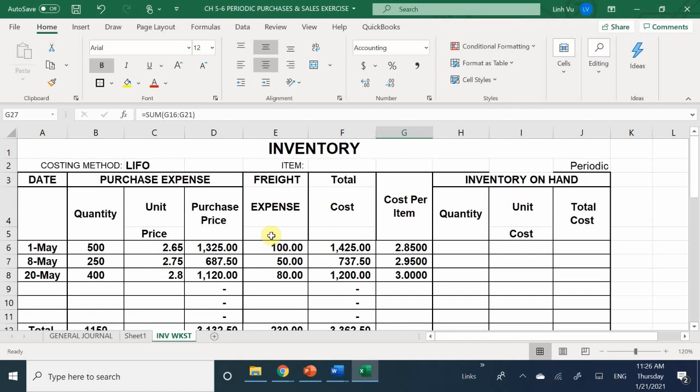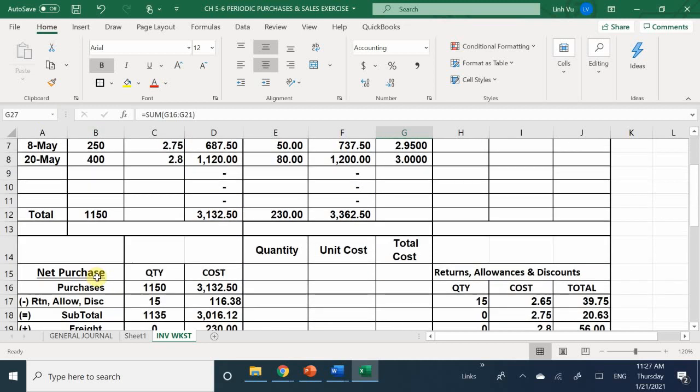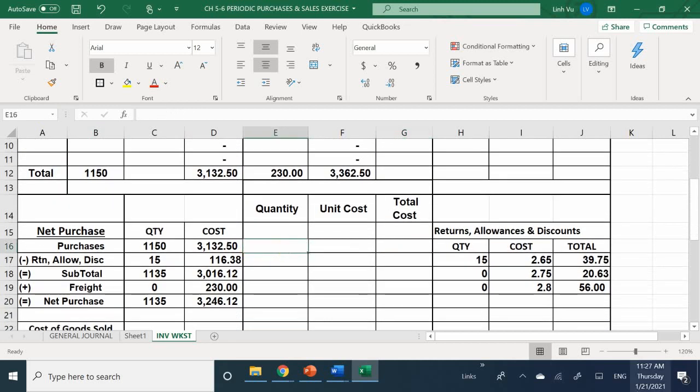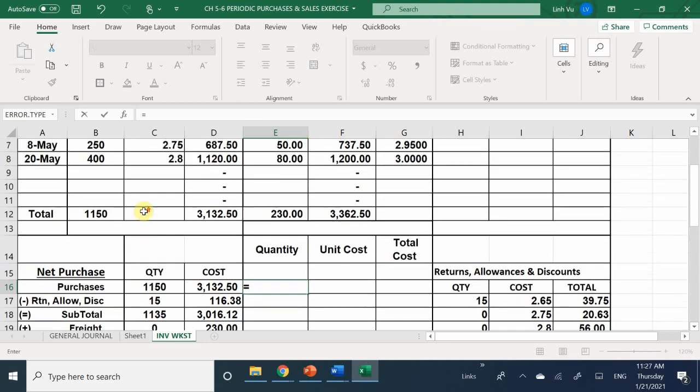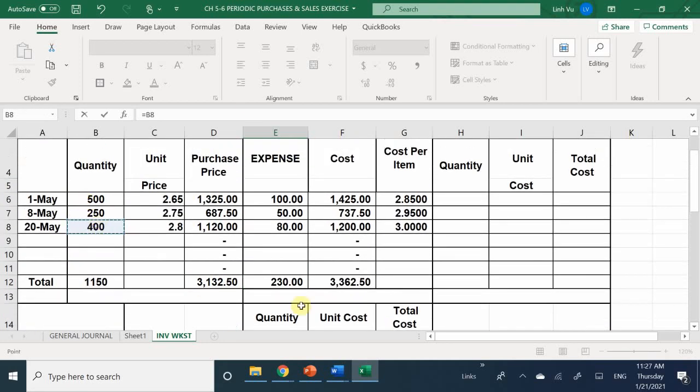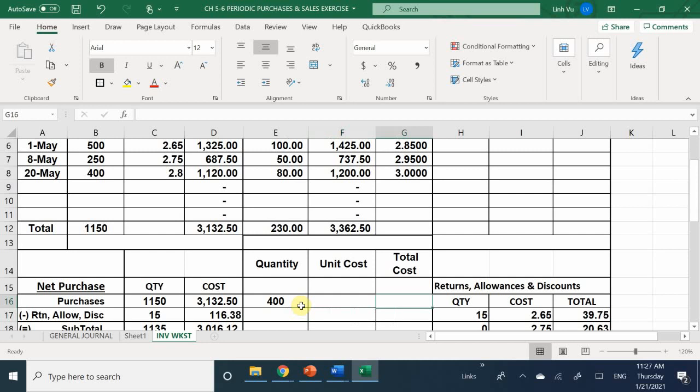LIFO. So which batch are we actually going to be taking out from first? We're going to start from the bottom. Correct. So this 400 items, we have a discount on this, so we need to actually adjust this amount. Now, are we taking the full 400? Yes, we are. We know that we took a discount on it, so we need to adjust this.